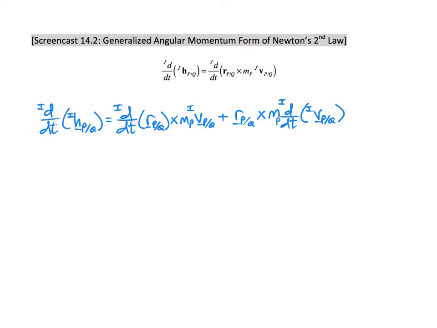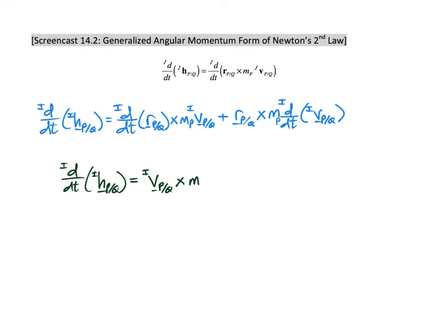So now that we have this exploded form, let's write it out again, but let's execute these time derivatives of the position vector and then of the velocity vector. So we have the time derivative of our angular momentum of p with respect to q is equal to, and when we take the time derivative here, we get the velocity of p with respect to q as observed in the inertial reference frame.